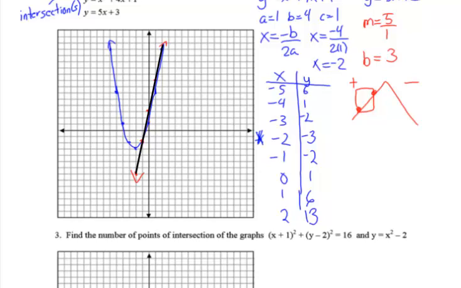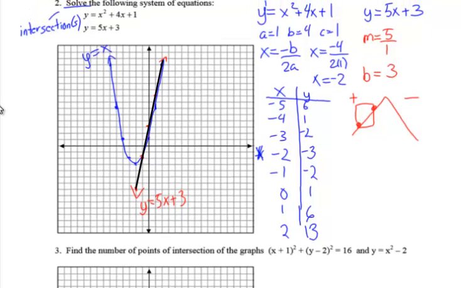The line is y equals 5x plus 3. And for our parabola, it was y equals x squared plus 4x plus 1. And then let's make sure that we label these points of intersection.